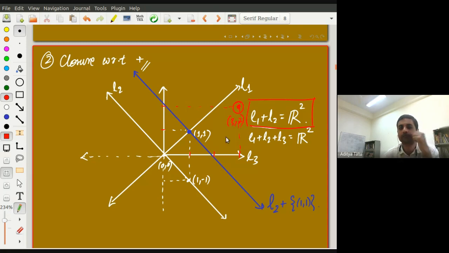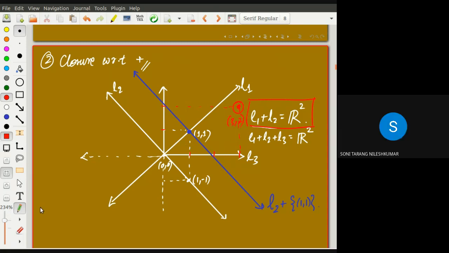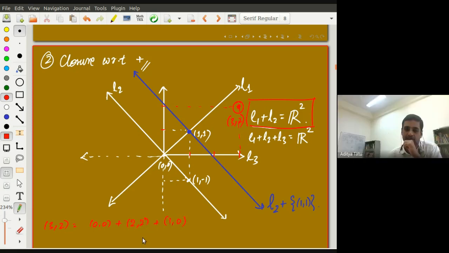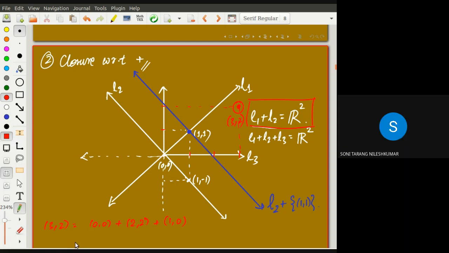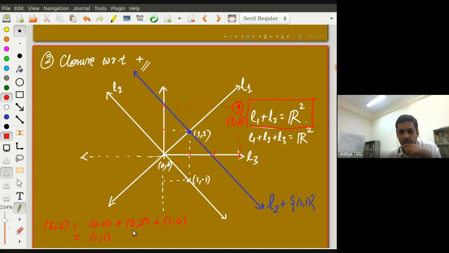Sir, then it can be written as 0, 0 plus 2, 2 plus 1, 0. And it can also be written as... but this 2, 2 is not a point on L2, right?